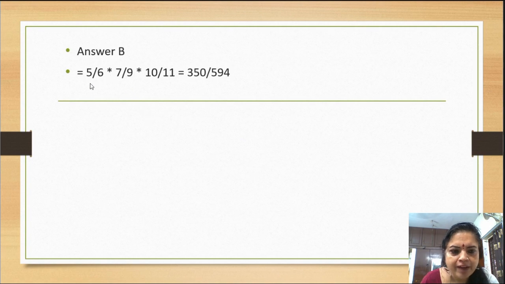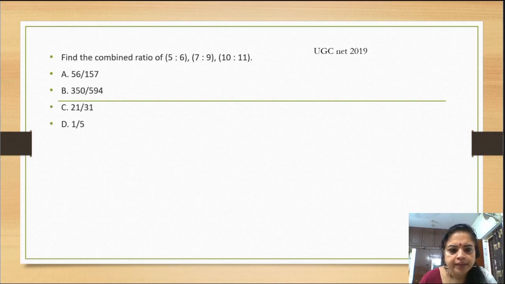Any ratio can be represented in a division format. So the combined ratio will be 350 by 594. That is the answer. If you look at the options, the answer will be B.